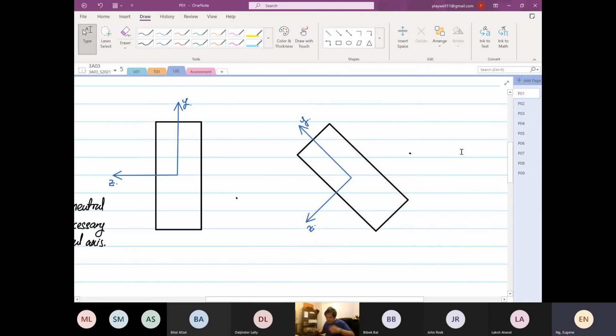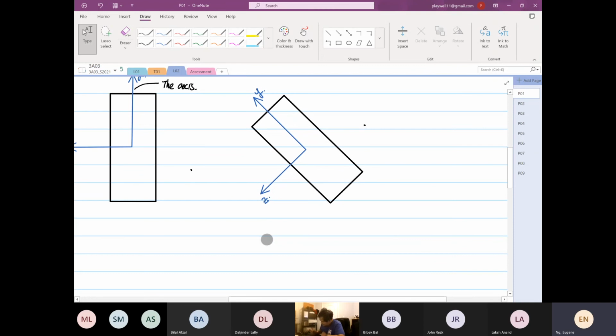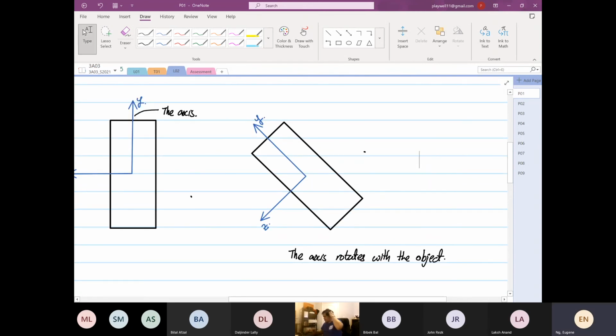So what you see down here, these are the axes. An important thing to take note of is that the axes rotate with the object. The axes rotate with the object.